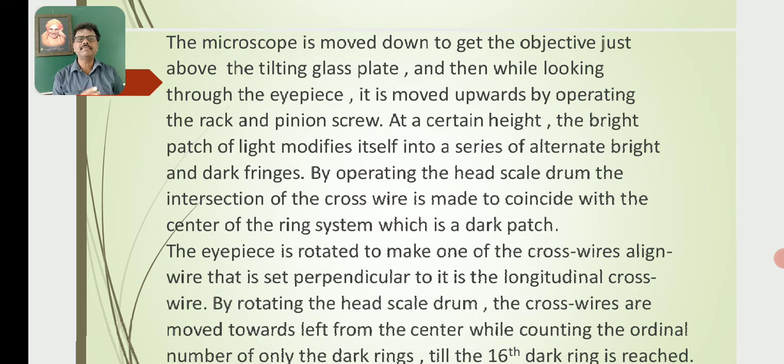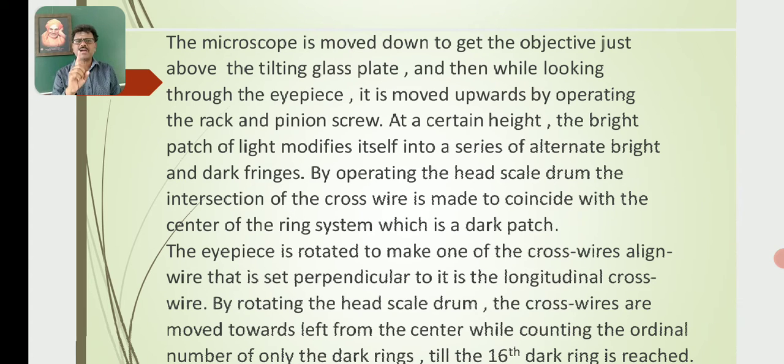Which is a dark patch. So the microscope is moved downwards to the objective just above the tilting glass plate, say turnable glass plate, and then while looking through the eyepiece, the microscope is slowly moved upwards with the help of the rack and pinion system.